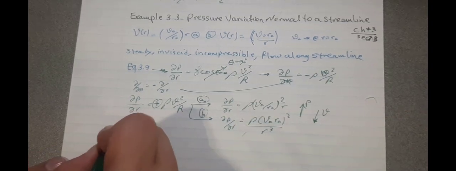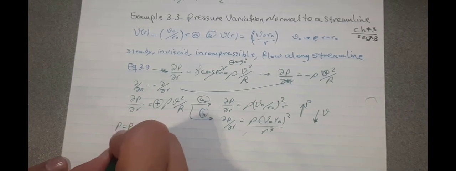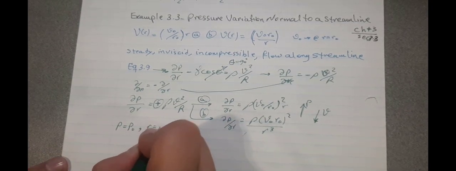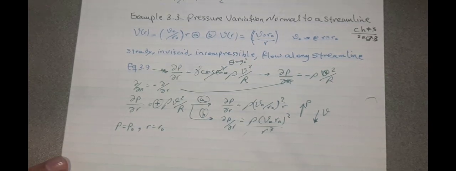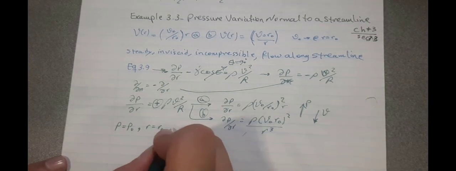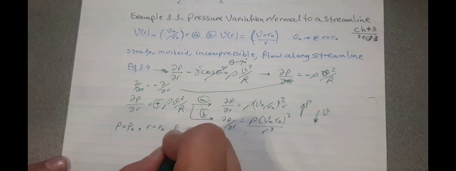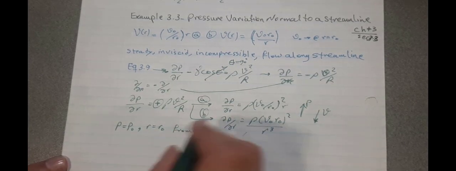So we have it as this for integration: P is equal to P0 and R is equal to R0, taking the integration for both of them.